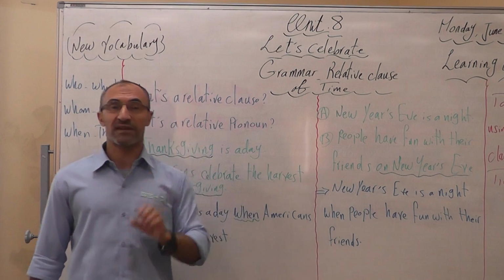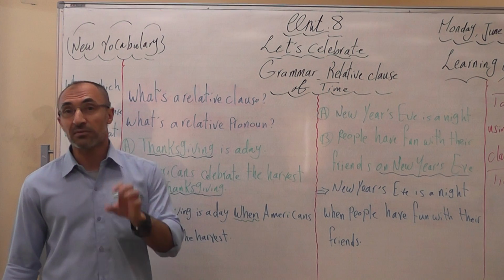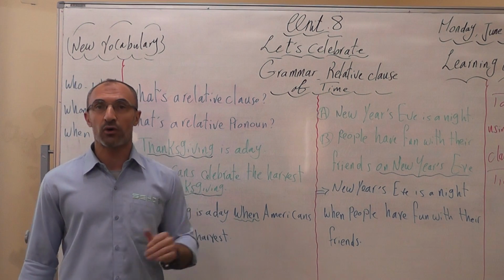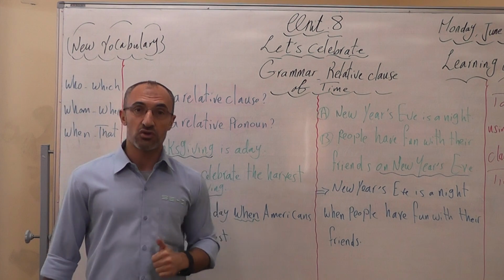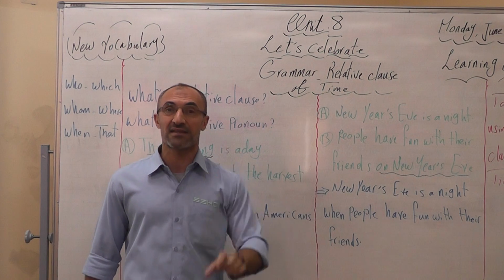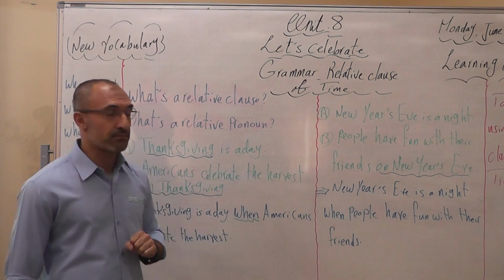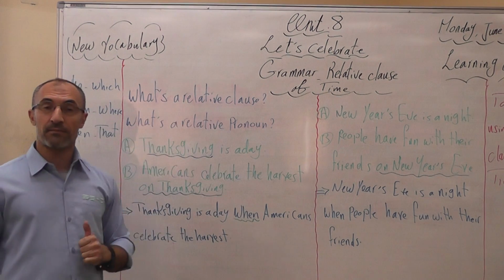It's a part of a sentence that cannot be used separately or independently. And also, it might be used to describe a noun that comes before it in the main sentence that we will use.